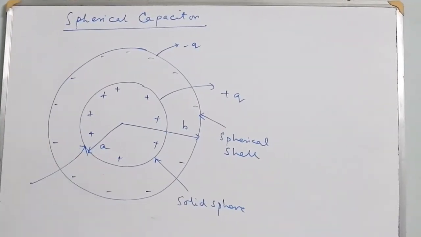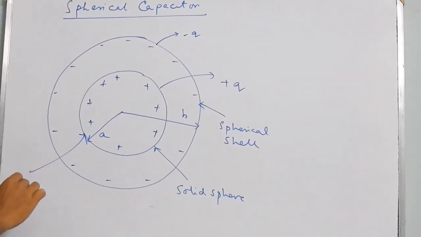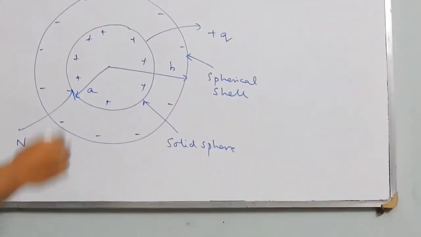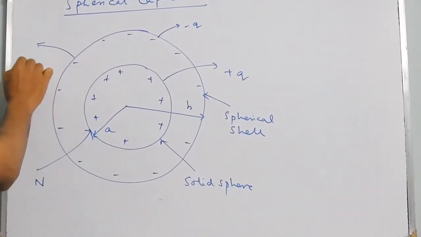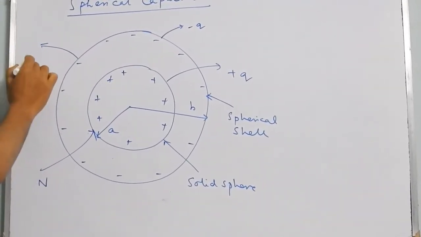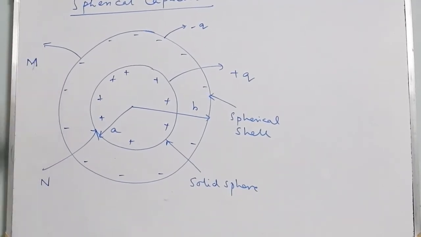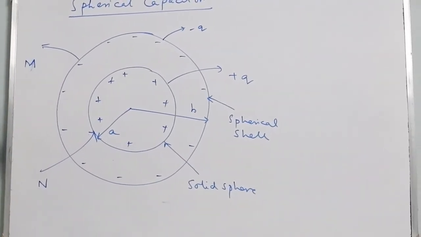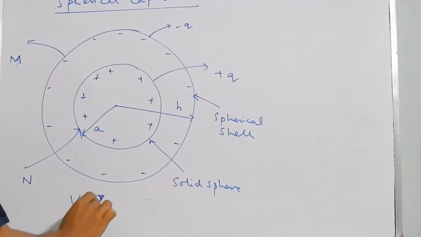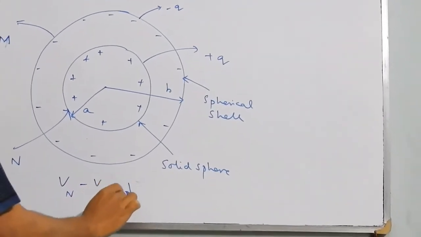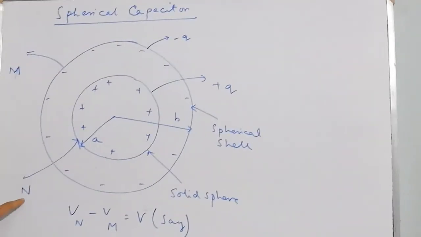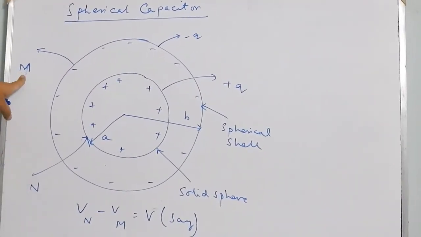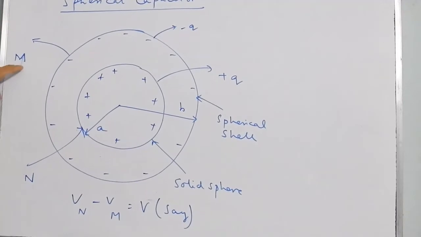Let me name the inner sphere as sphere N and the outer spherical shell as M. So the potential difference that exists is Vn minus Vm, which is equal to V, say.